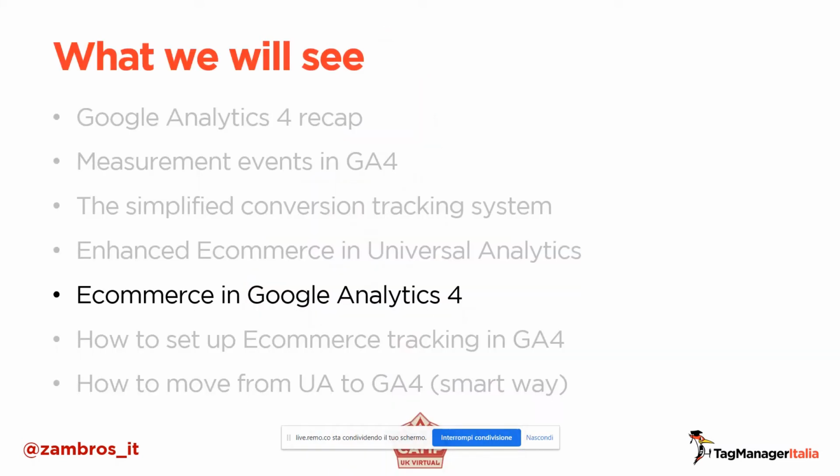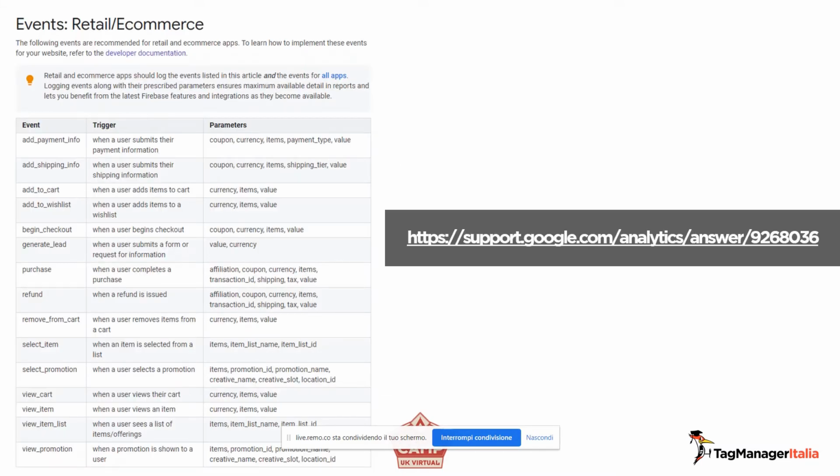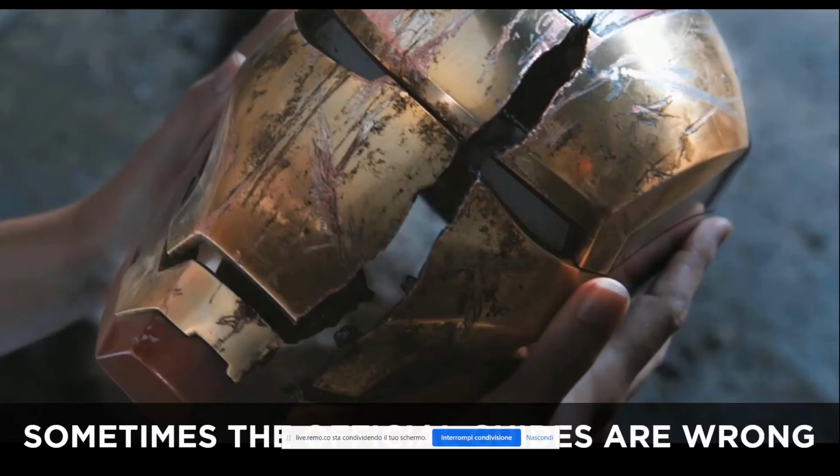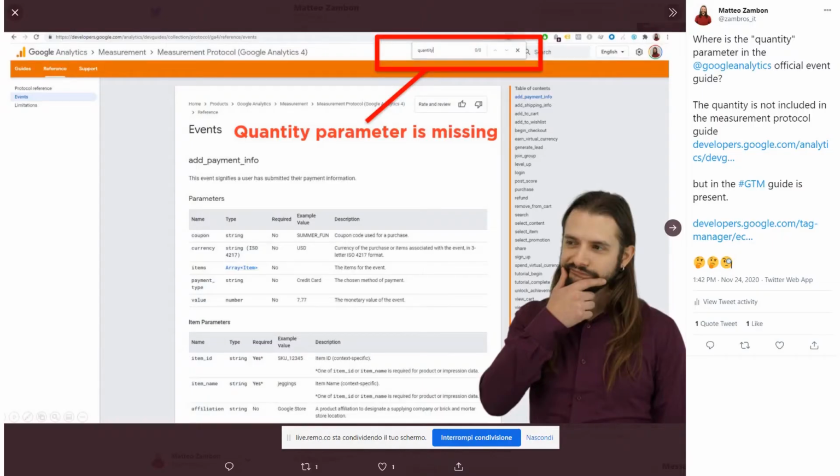Okay, now let's go deep into the new e-commerce tracking in GA4. We have a different schema of actions that GA4 can collect, and we have some different official guides about tracking e-commerce in GA4. But sometimes the official guides are wrong, and I suggest being careful.